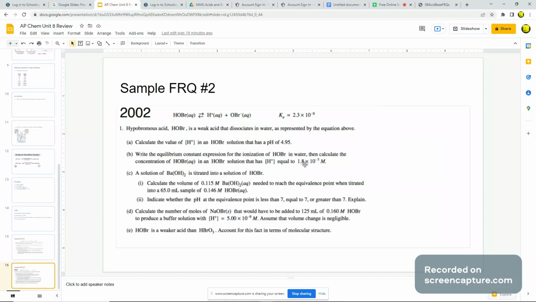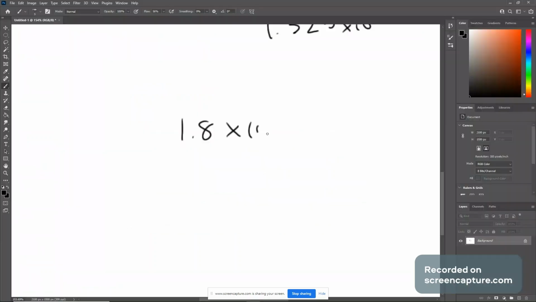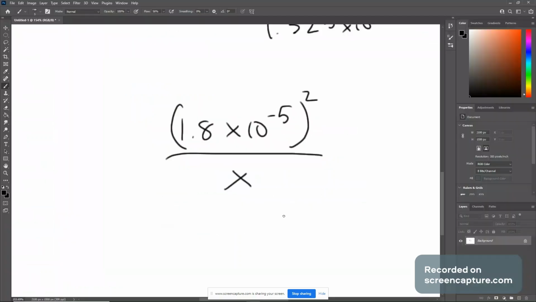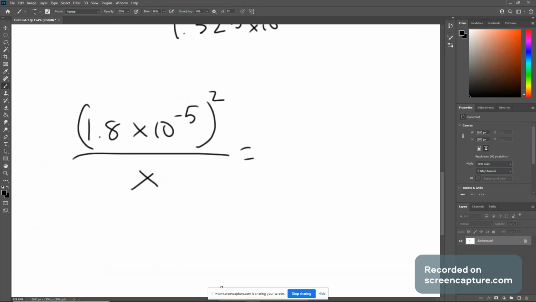If H plus is 1.8 times 10 to the negative fifth, that means OBr minus is going to be the same as well, so we're going to square that. And that's over your concentration of HOBr. So we'll put that as X, and our Ka is given, so it's 2.3 times 10 to the negative 9. And so all we do is solve for X, and I got X is equal to 0.14 molar.